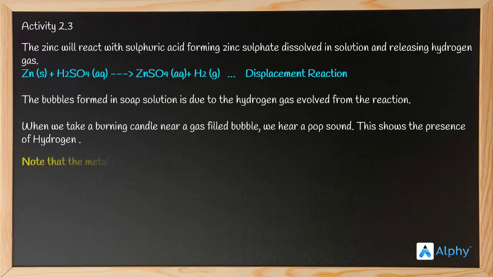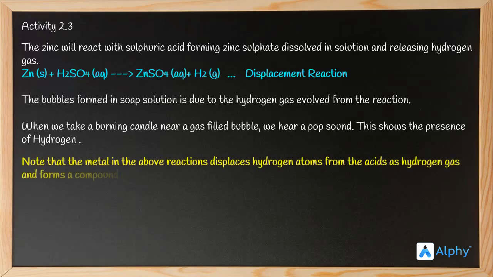Now note that the metal in the above reaction displaces hydrogen atoms from the acid as hydrogen gas and forms a compound called a salt. So you can see that ZnSO4 formed here is a salt, because zinc displaces hydrogen from H2SO4 and forms its own compound named ZnSO4, and H2 is just released out. So you can say that ZnSO4 is a salt here.